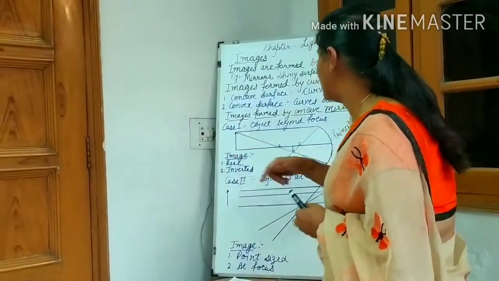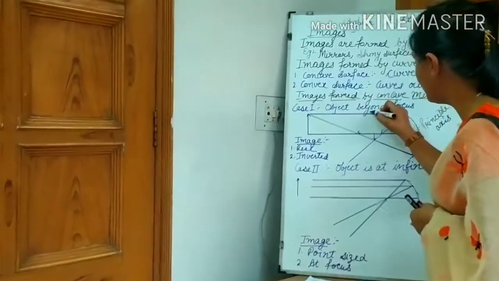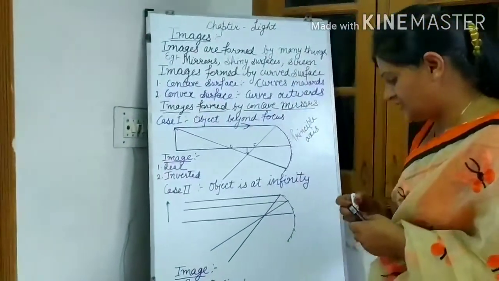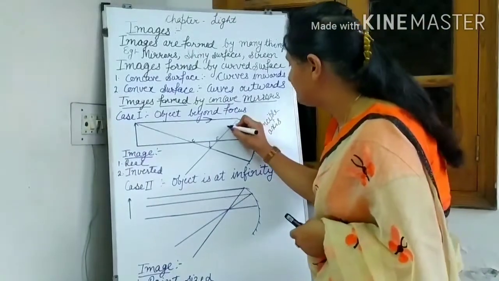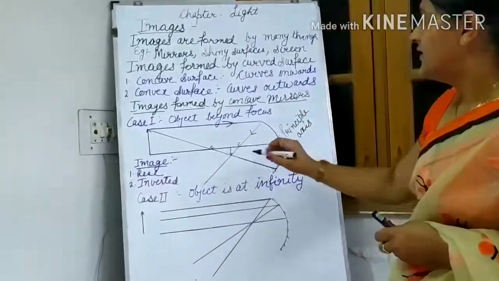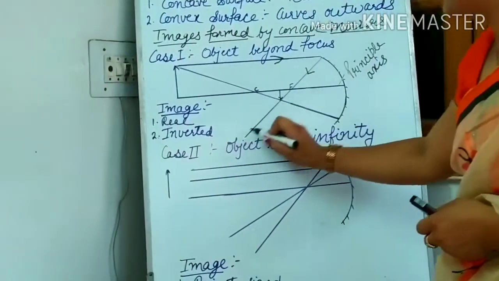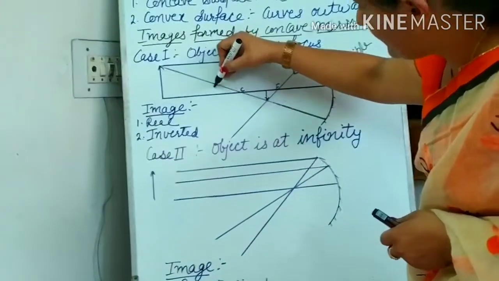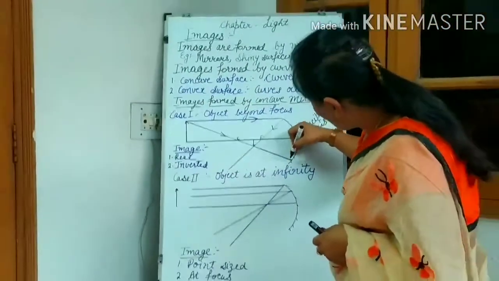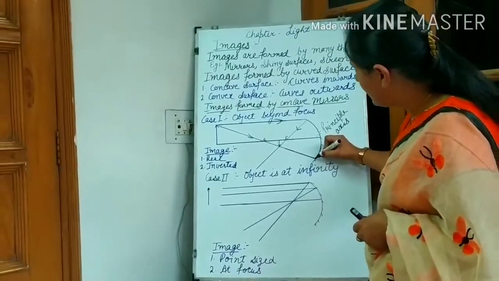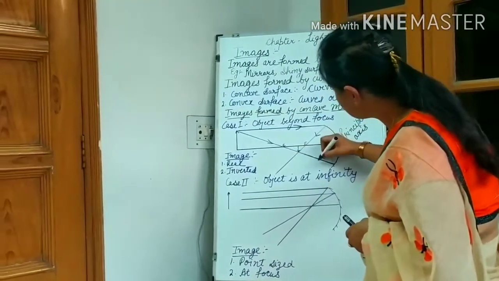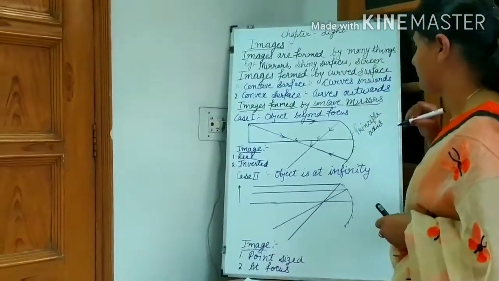See, this is the incident point and this is the reflecting point. This is incident ray, this is reflected ray. Here this is incident ray and from this point, from center of curvature, the reflected ray will go on the same side. This is reflected ray.